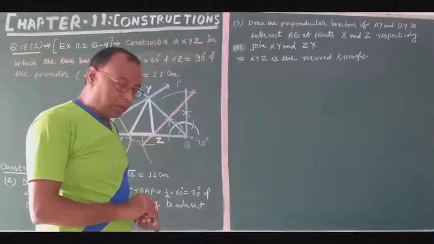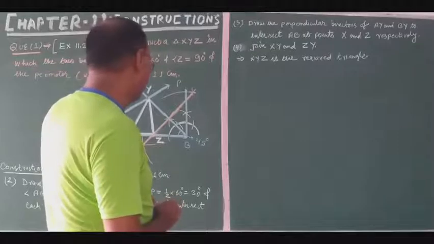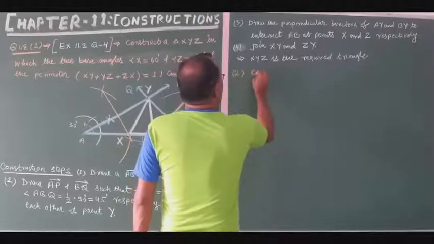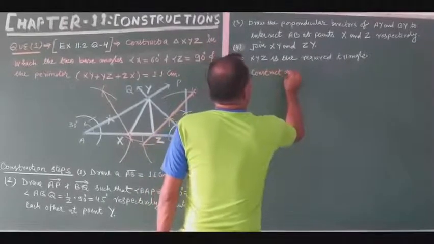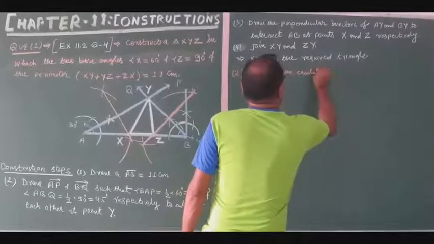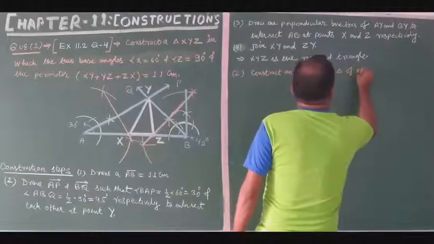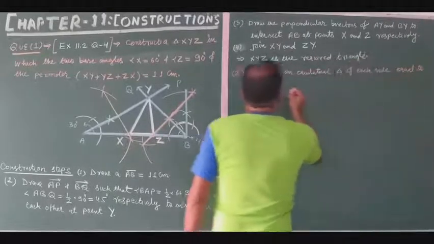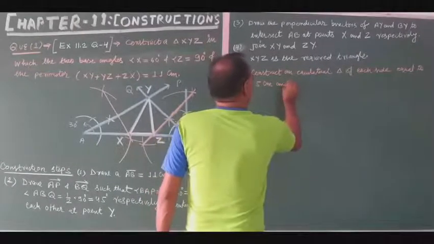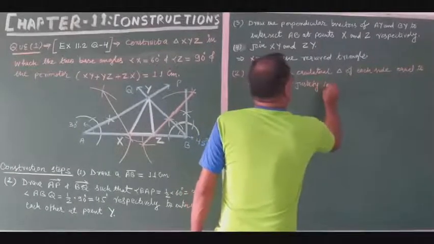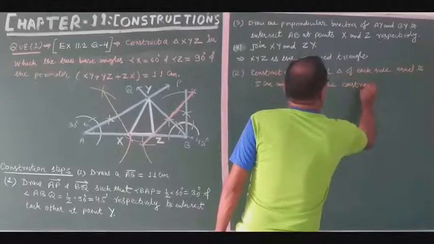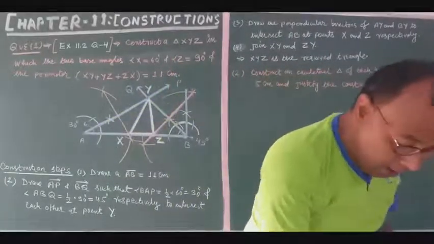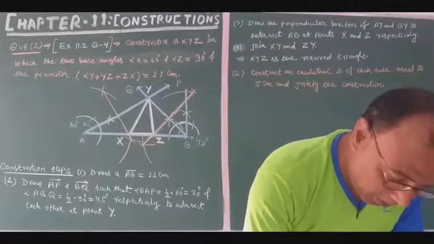Now this is question number 2. Construct an equilateral triangle of each side equal to 5 centimeter and justify the construction.